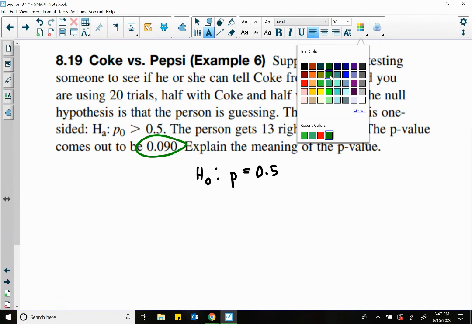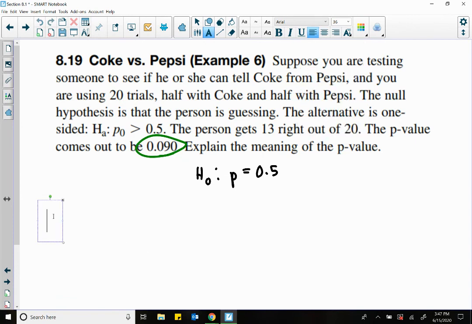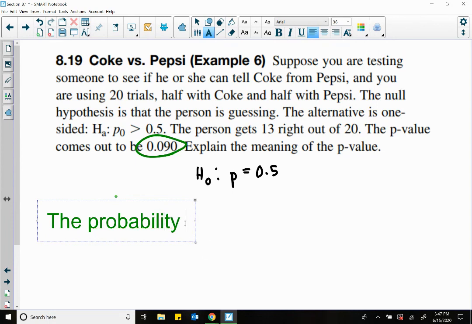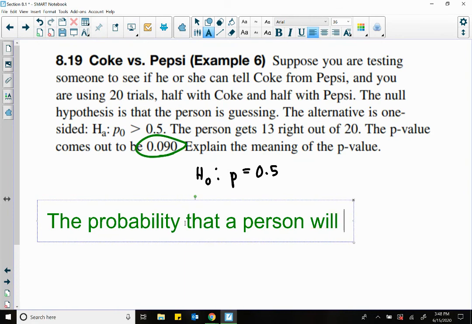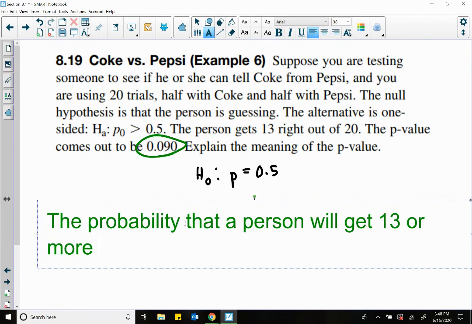Let's grab green. So this is the probability. Remember, that's what this is about. The probability that a person will get 13 or more right. See how it's all about that null hypothesis, and we're dragging in what we know.